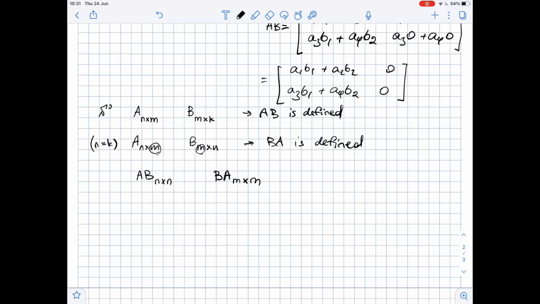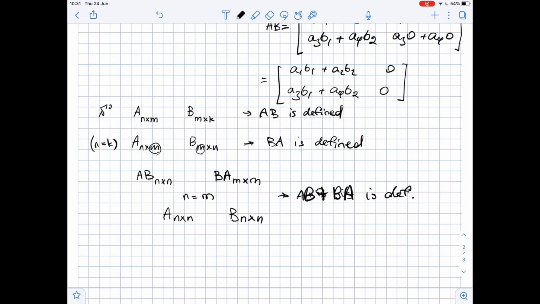But we know that they are of the same order, so that means that n by n needs to be the same as m by m, so n equals m. So we get that A is an n by n matrix and B is also an n by n matrix. So we have proved that they both need to be square matrices of the same order if AB plus BA is defined.